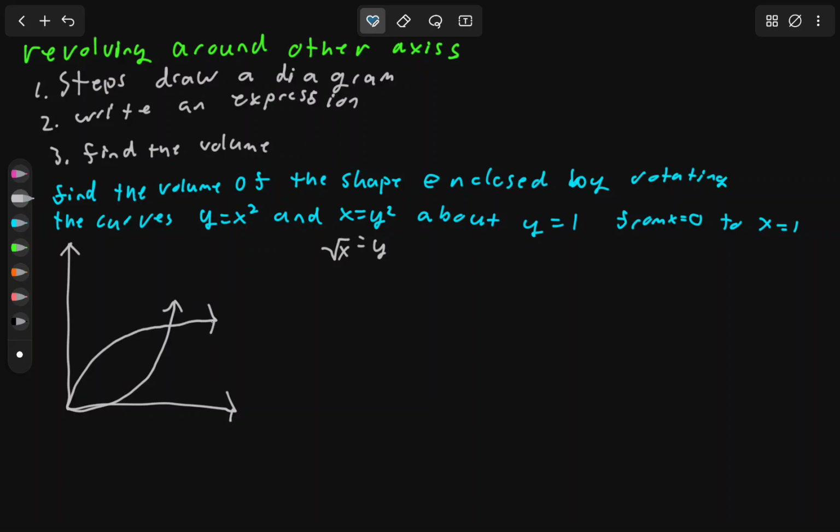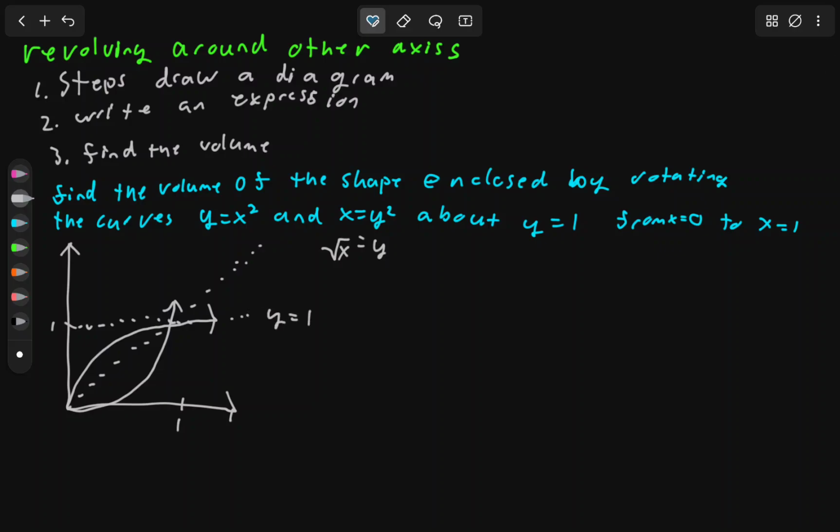So it should look the exact same, just reflected over the line y is equal to x. They should intersect at the point (1, 1), which is kind of interesting. But we're rotating this about the line y is equal to 1.